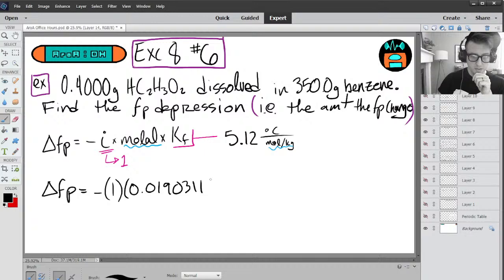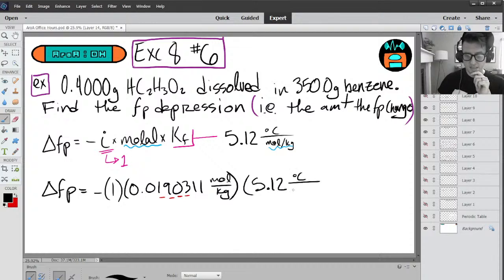This is moles per kilogram. Again, this has 4 sig figs. Times 5.12 degrees Celsius over mole per kilogram. You'll notice that moles per kilogram cancel, leaving us with degrees Celsius, which is excellent.